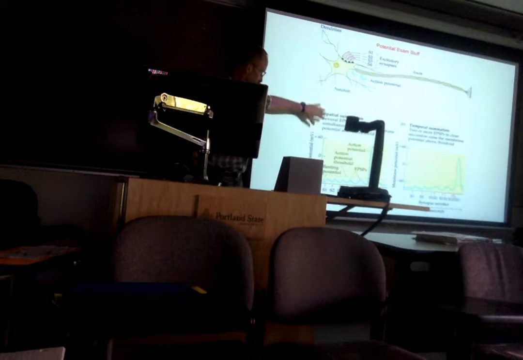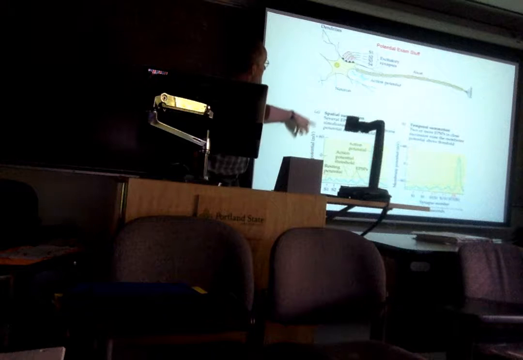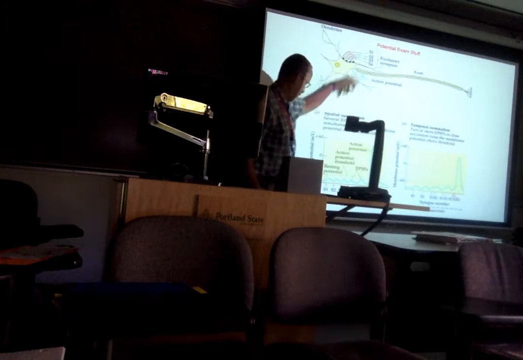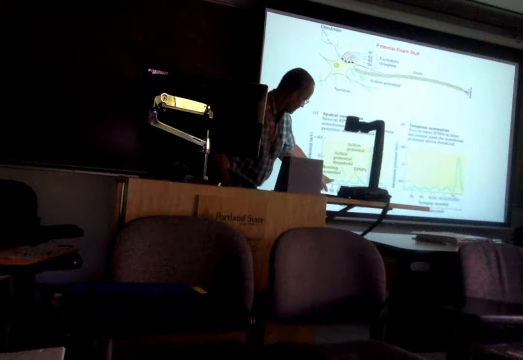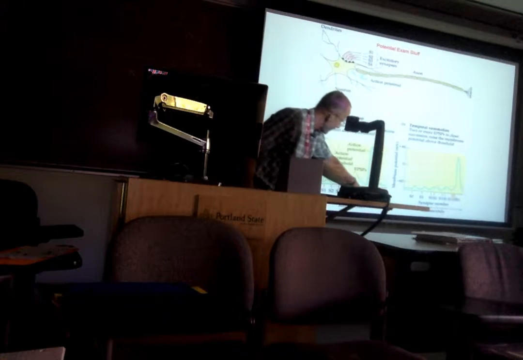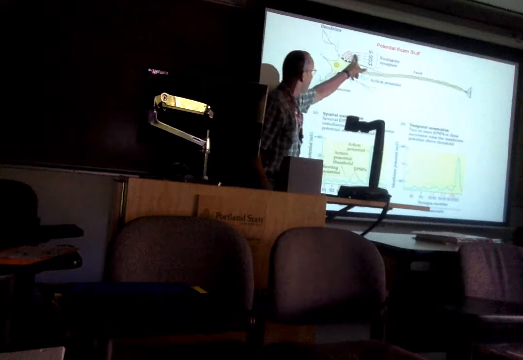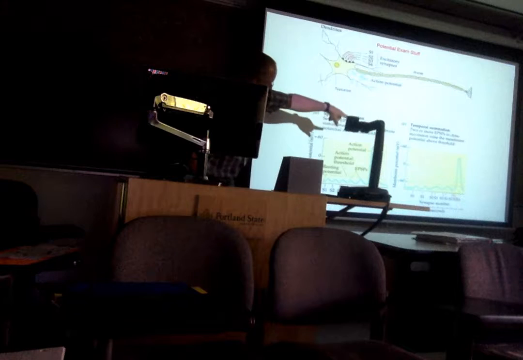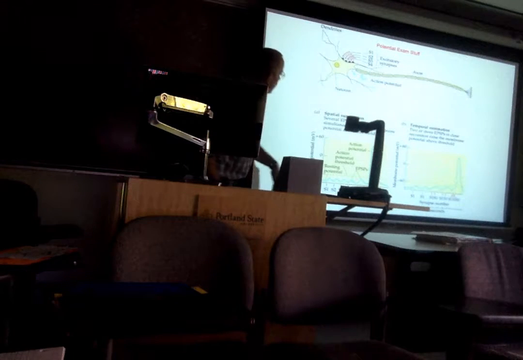Spatial summation. Basically it's saying I've got excitatory synapses, S1, 2, 3, and 4. S1 does this, S2 does that, S3 does it. If I add them all together, S1 plus S2, and so on, I'm adding all these guys together at the same time, and they cause depolarization. The one on temporal summation says, let's just look at S1.